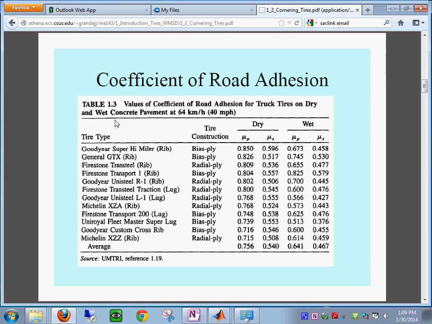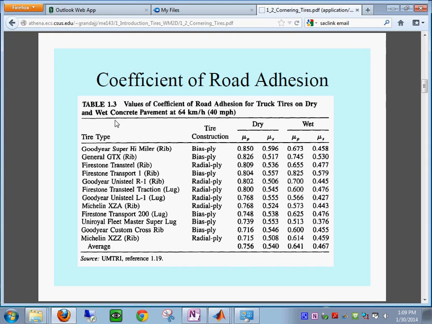Firestone Transfer. So these are on dry concrete. Michelin 0.7. I always have preferred the Michelin tires, they're really good. And you can see pretty much the average is 0.75.